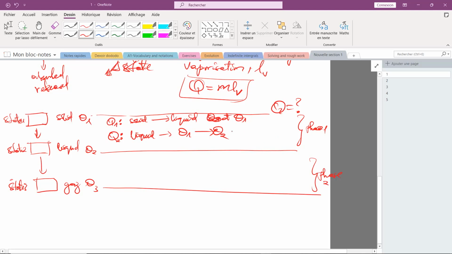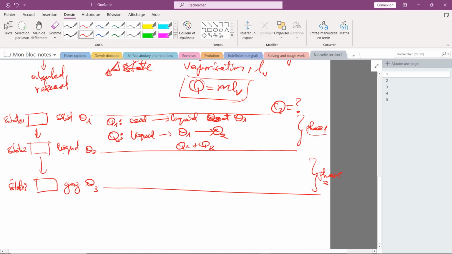So the total energy required to convert this substance from state 1 to state 2 will be Q1 plus Q2. So we know already the total energy that is required in phase 1. I hope you understood what I said.